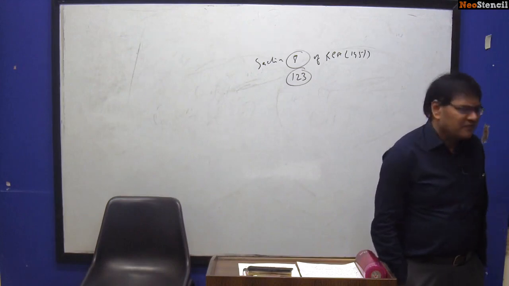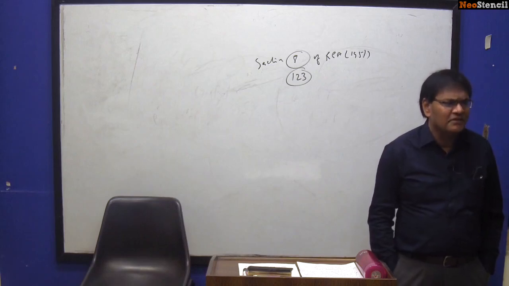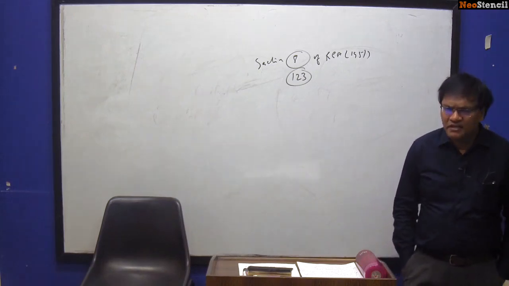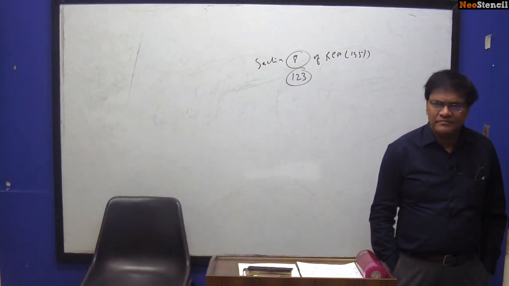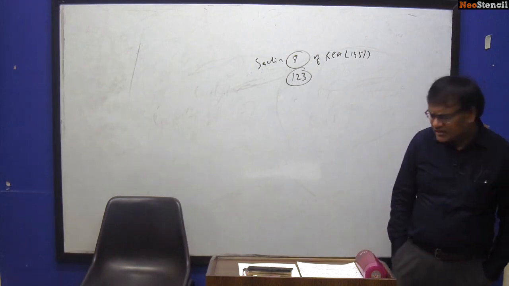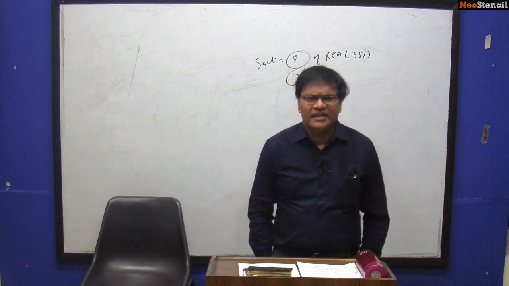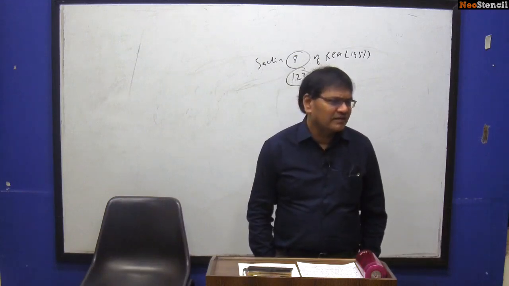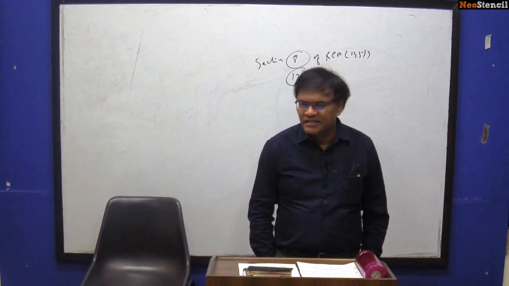For example, if the central government makes a law for items in the state list, then the Supreme Court can declare it null and void. This is what we call the doctrine of pith and substance, which we will be discussing later also. That is the reason why the judiciary in India has more powers compared to the judiciary in the United Kingdom.